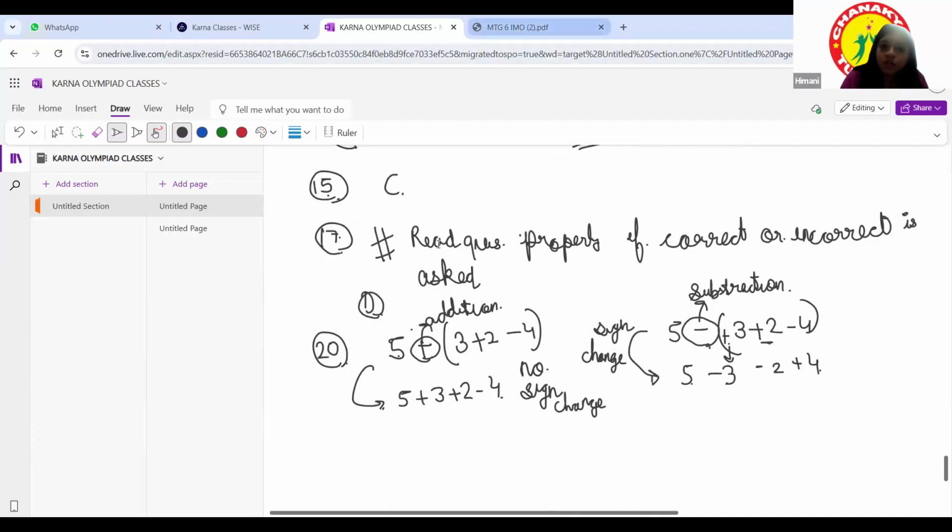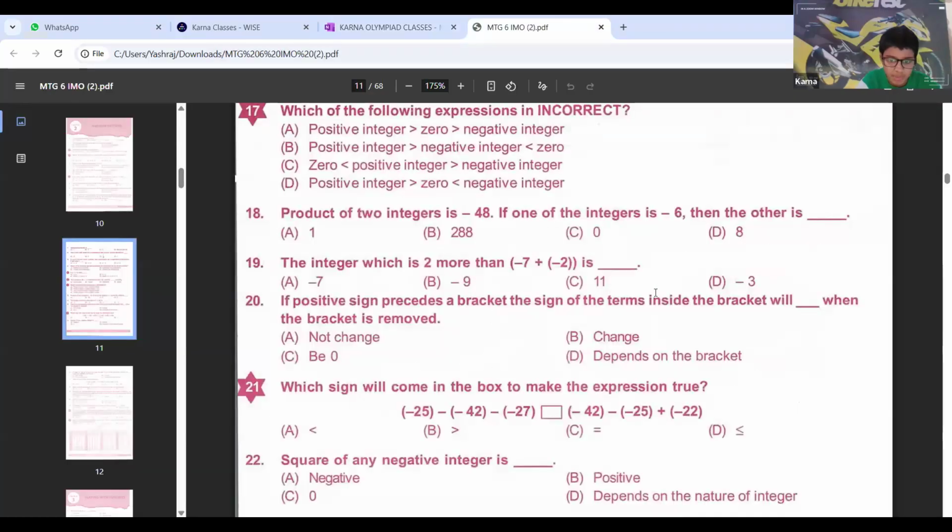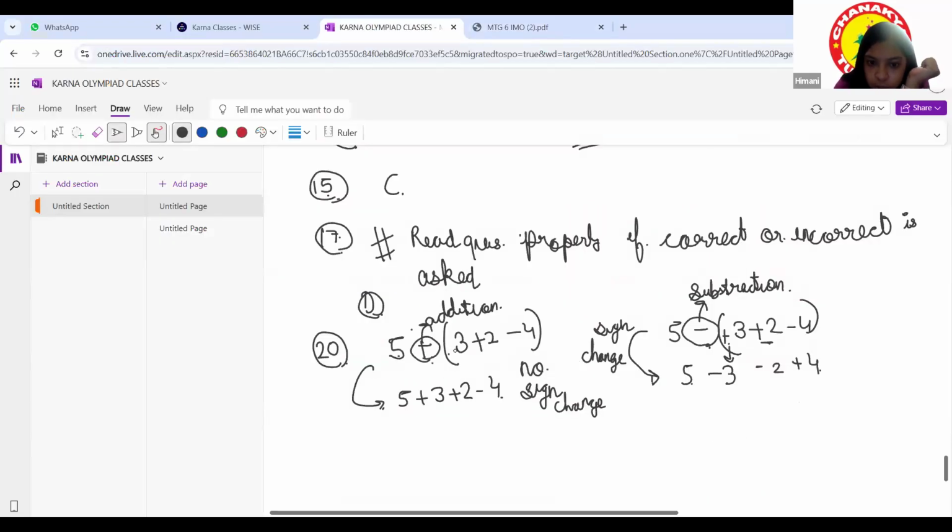But they have asked you for addition. Yeah, depends on the sign. No, they are asking whether it will change or not. See, if a positive sign precedes a bracket, the sign of the numbers inside the bracket is not changing. It will not change. If it is plus, it will remain plus, and if it is minus, it will remain minus.